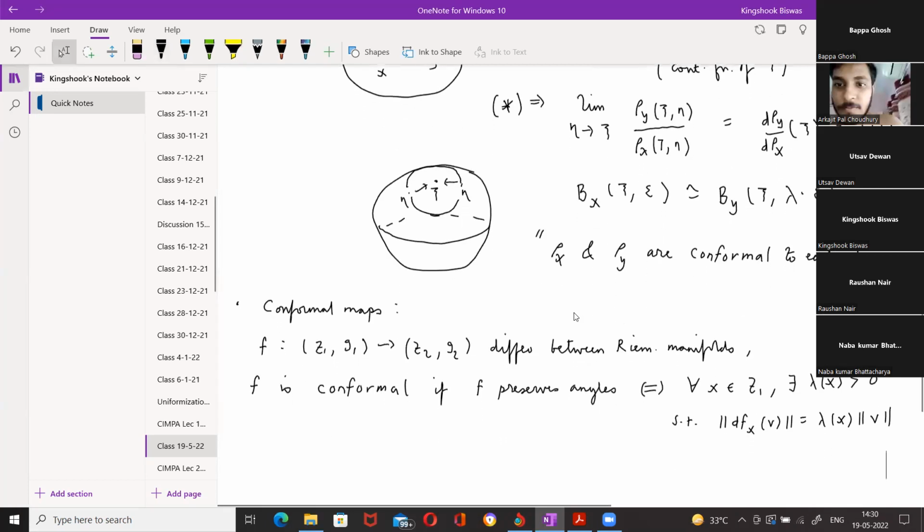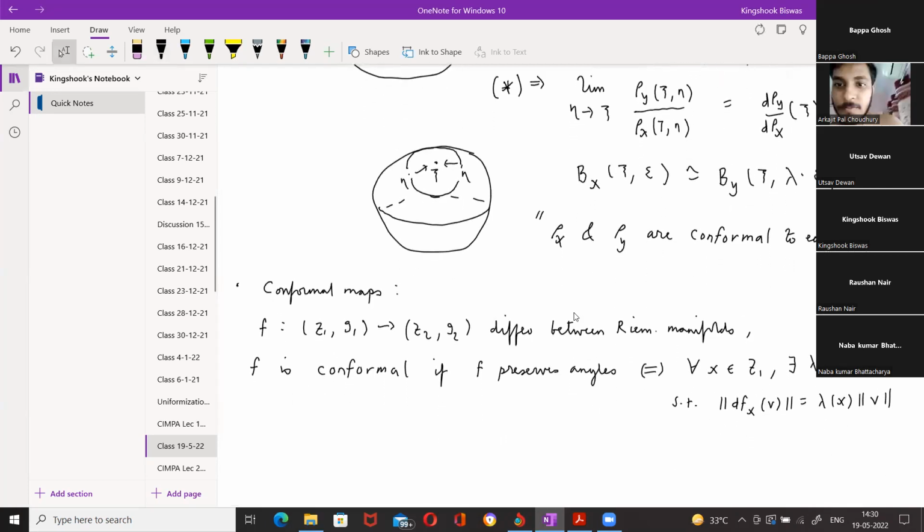For all v in the tangent space at x. Is this clear? Yes?